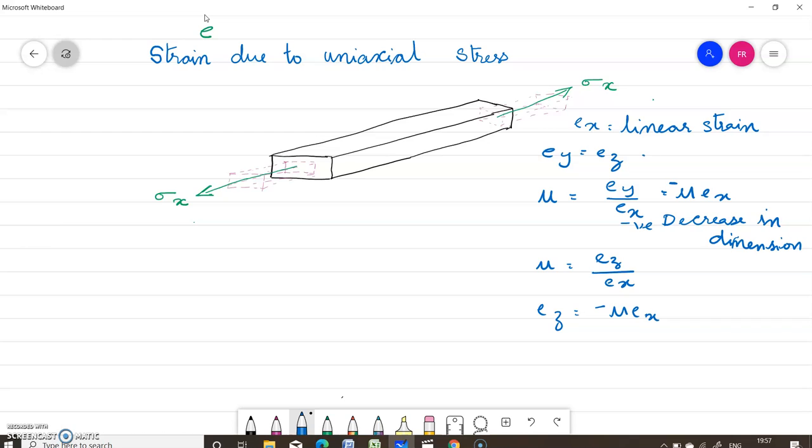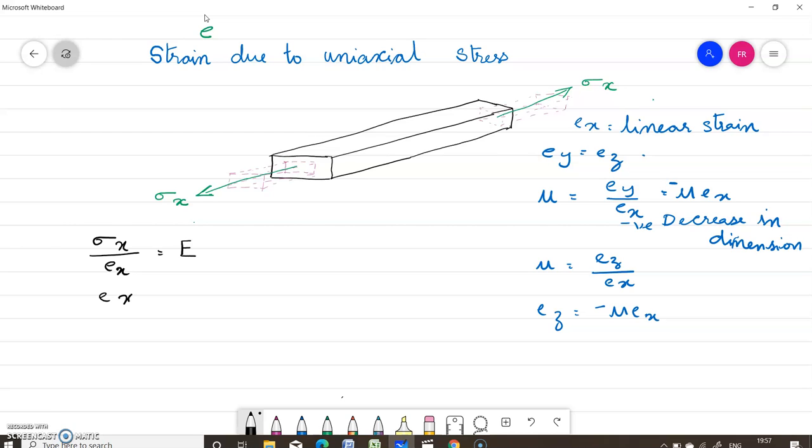Now we'll see what is the strain due to uniaxial stress. So in this figure you can see a stress sigma x is applied in the x direction. So as a result, let Ex be the strain in the x direction. We can write stress by strain is equal to Young's modulus of elasticity.